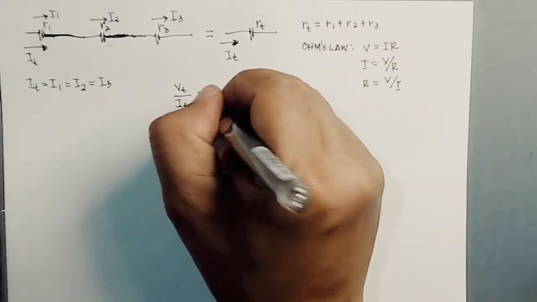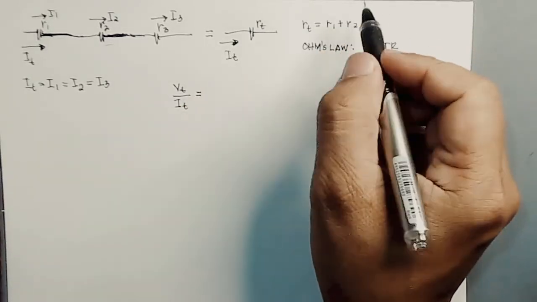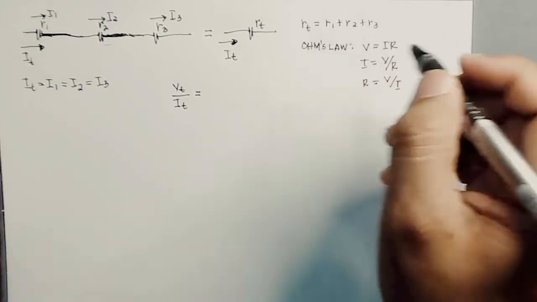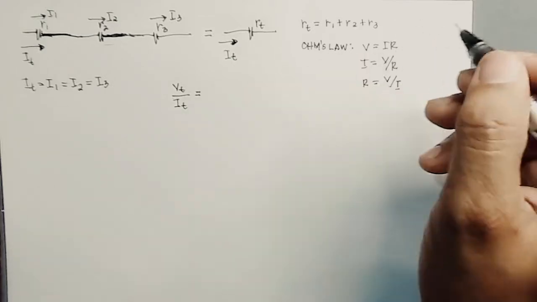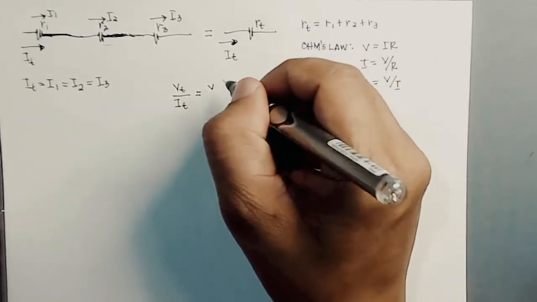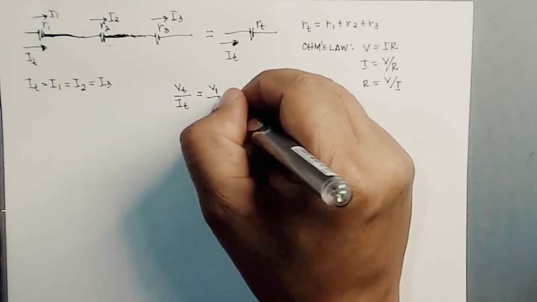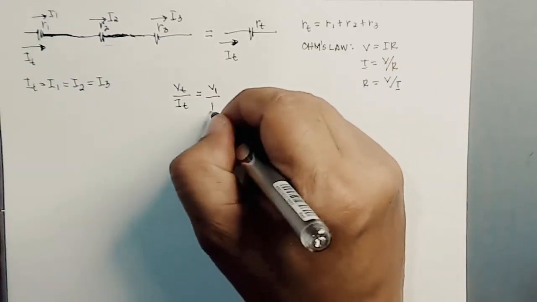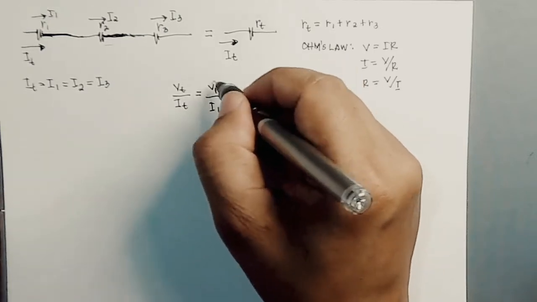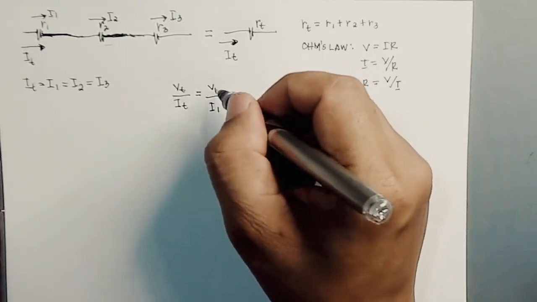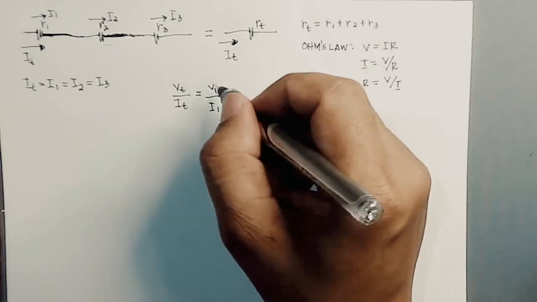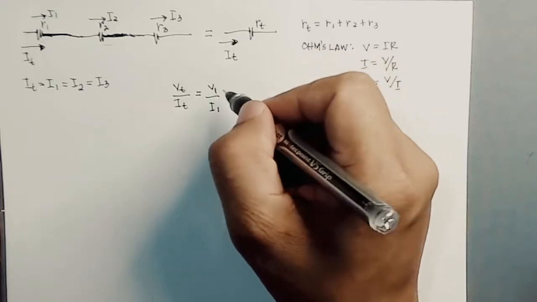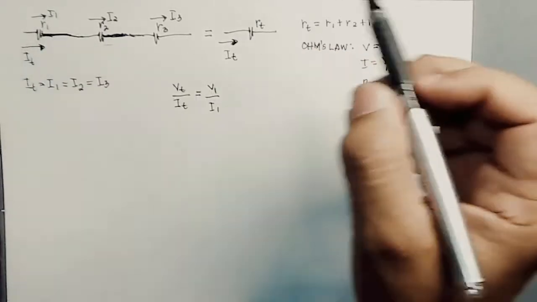Now let's have the value for R sub 1 using Ohm's law. So again, this is V sub 1 over the current at R sub 1, which is I sub 1. I use here V sub 1 for us to have a reference that the voltage that we are considering is the voltage of R sub 1.